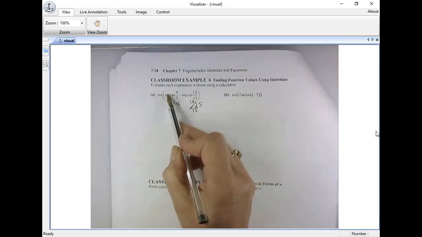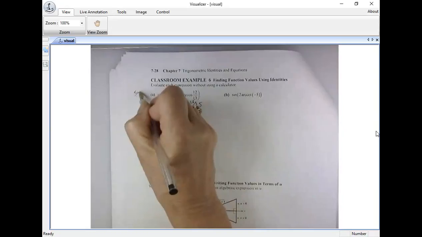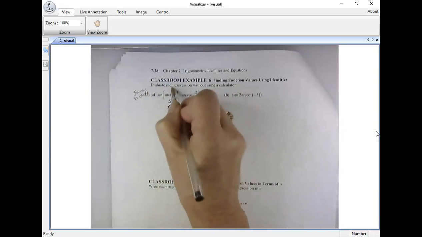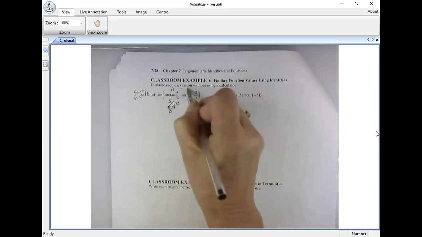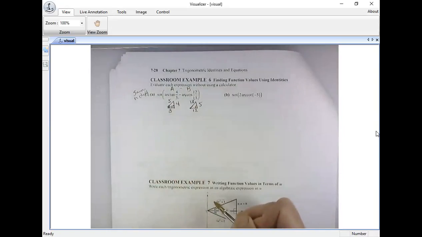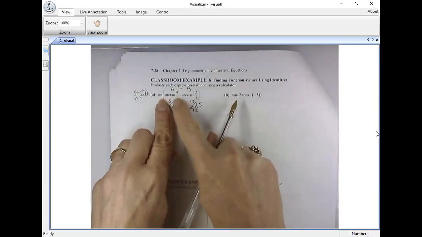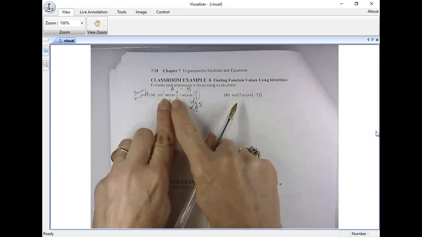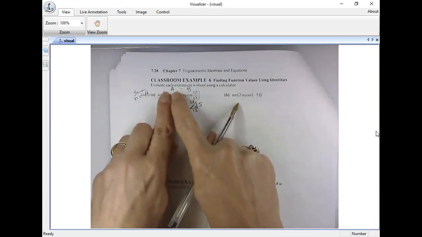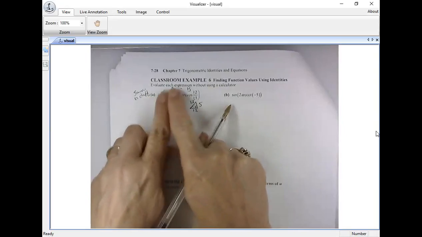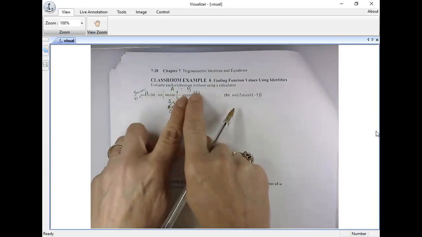Doesn't this kind of look like a sum or difference identity? If this were an A minus B? Do you see what I'm saying? The fact that this is arctan of 4/3, it's an angle whose tangent is this. That's an angle. This is a different angle. This is the sine of angle A minus B. Can't we use that difference identity?